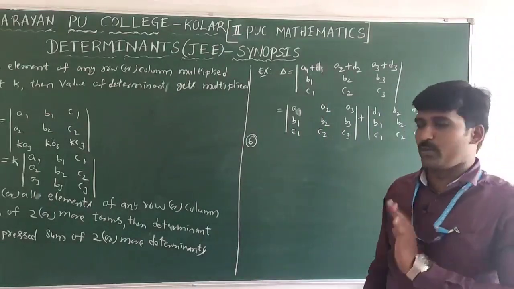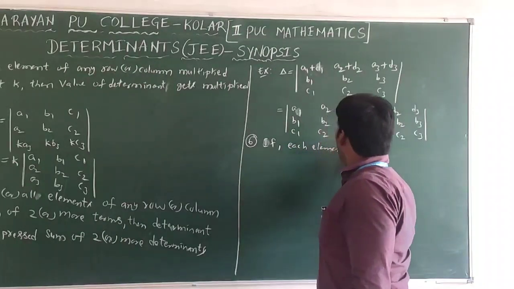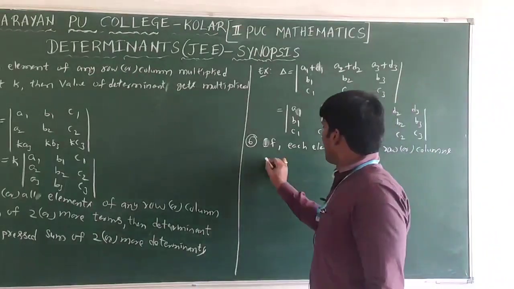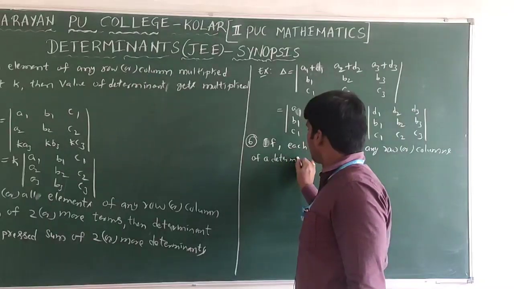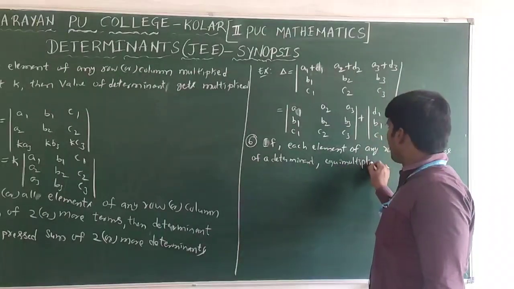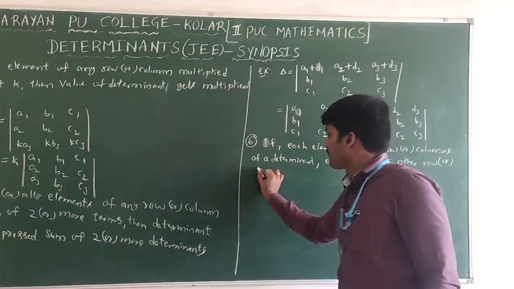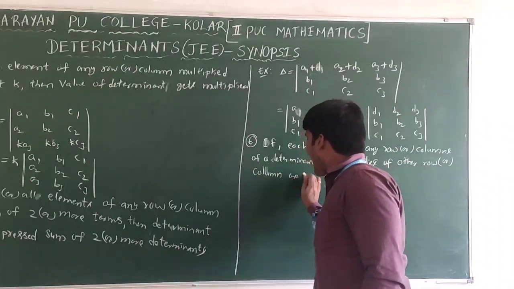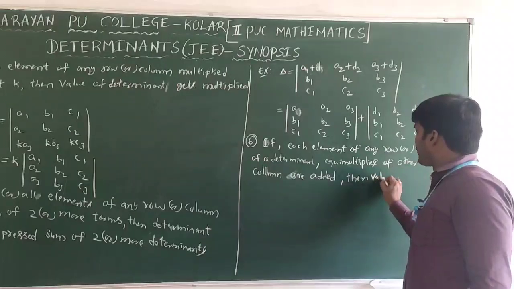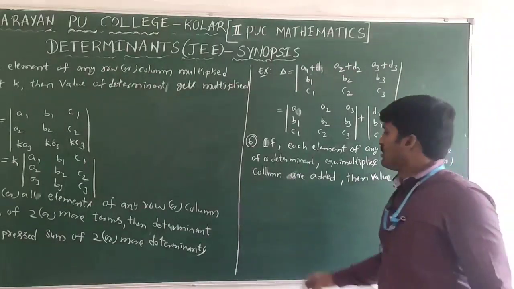Next, the sixth property, the last property. If each element of any row or column of a determinant is added to equimultiples of any other row or column, then the value of the determinant is unchanged.